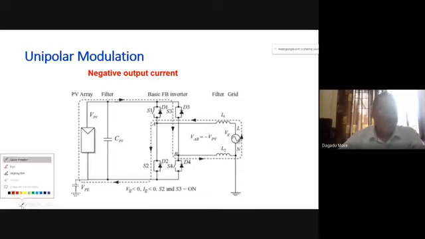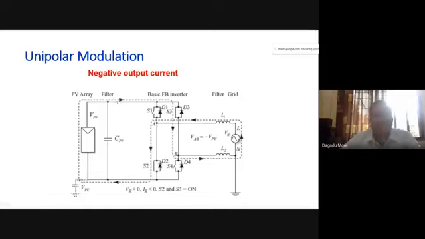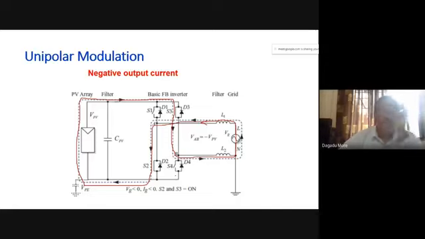When we have negative output current, S3 and S2 are on. Power flows from the PV panel through switch S3 to point B. From there it goes through the grid and is given back from point A through switch S2. This is the path of a negative current, right to left.